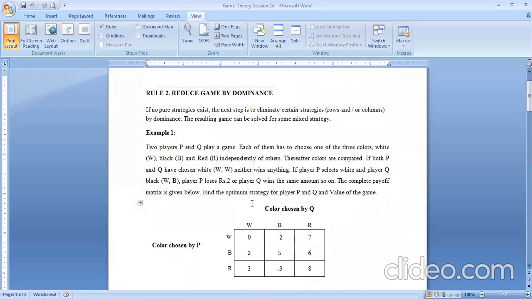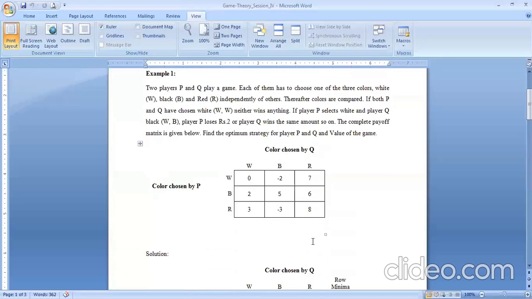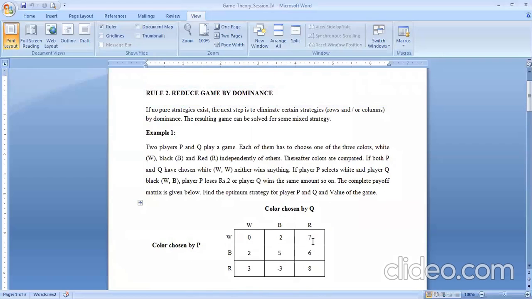So in order to find out the value of the game and also the strategy, the percentage of each strategy in the mixture of 2 or more strategies with which the players are going to play, we need to eliminate some of the rows and columns so that it can be converted into the 2 by 2 matrix. Eliminating the rows and columns is done by using the dominance rule.